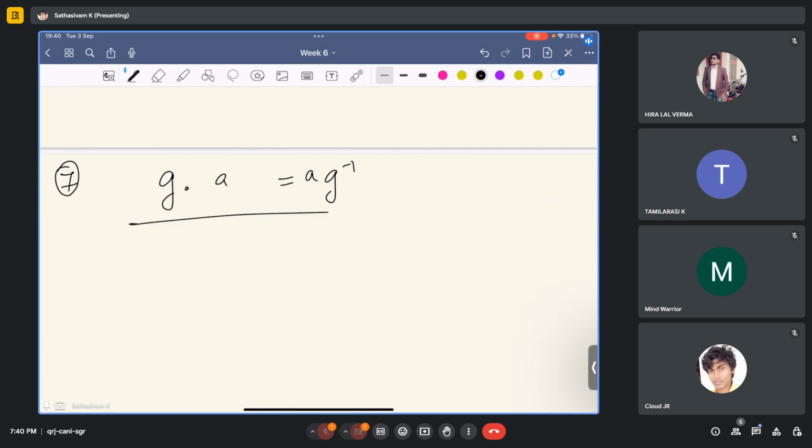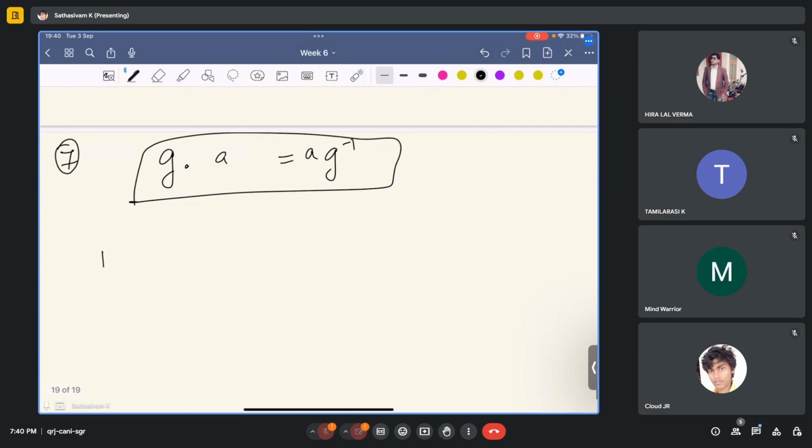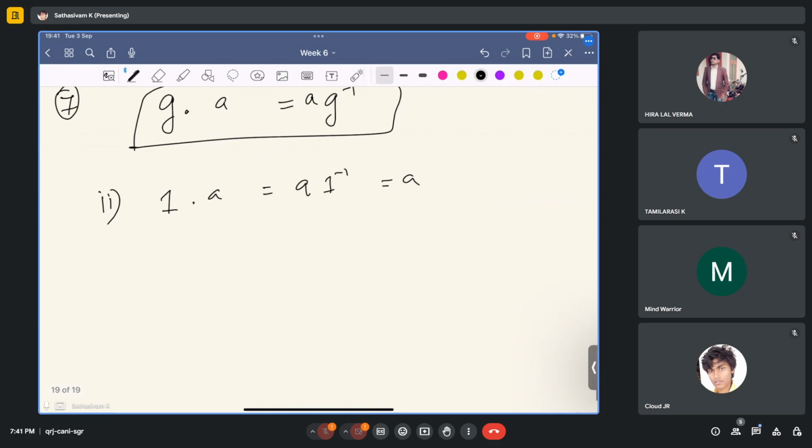We claim that this is a group action. This is easy anyway. 1 dot a is nothing but a 1 inverse, which is a, since 1 inverse is just the identity.